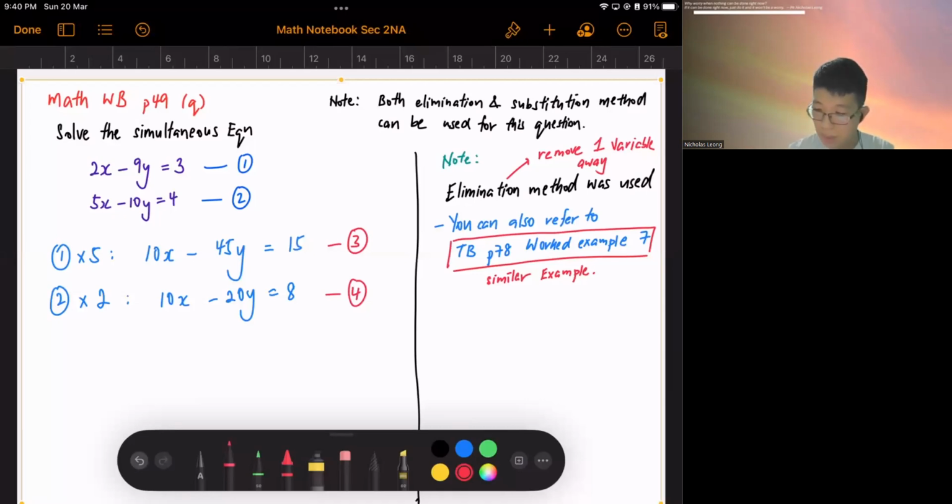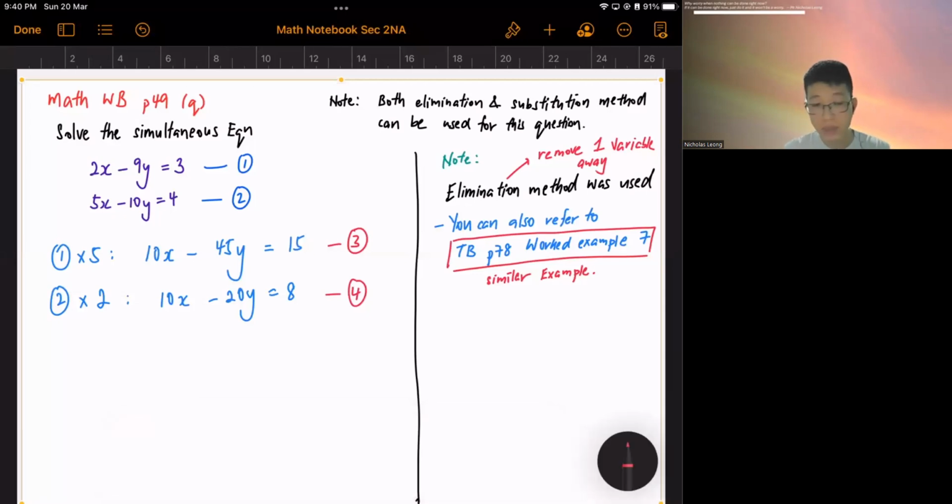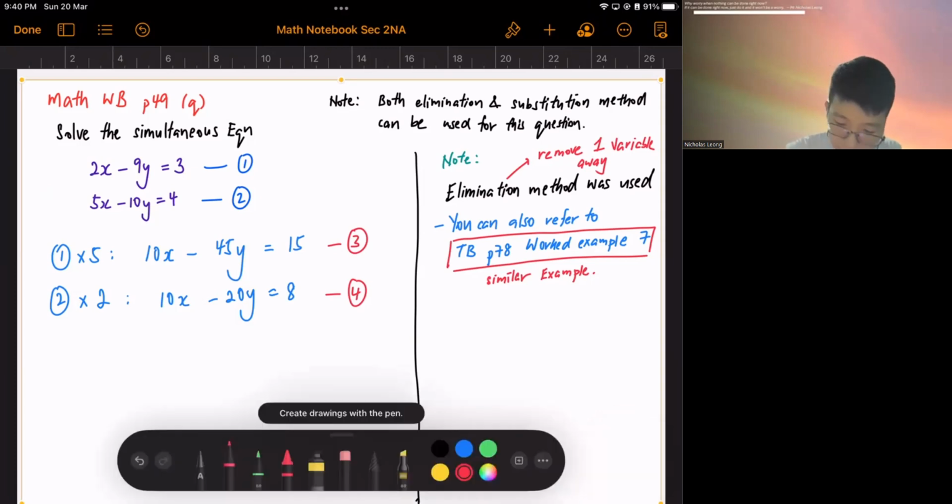After we have these two equations, the reason why I multiply equation 1 by 5 and equation 2 by 2 is because I want to make the coefficient of x the same. When the coefficient of x is the same, I can eliminate the x terms by subtracting the two equations. So I take equation 3 minus equation 4.